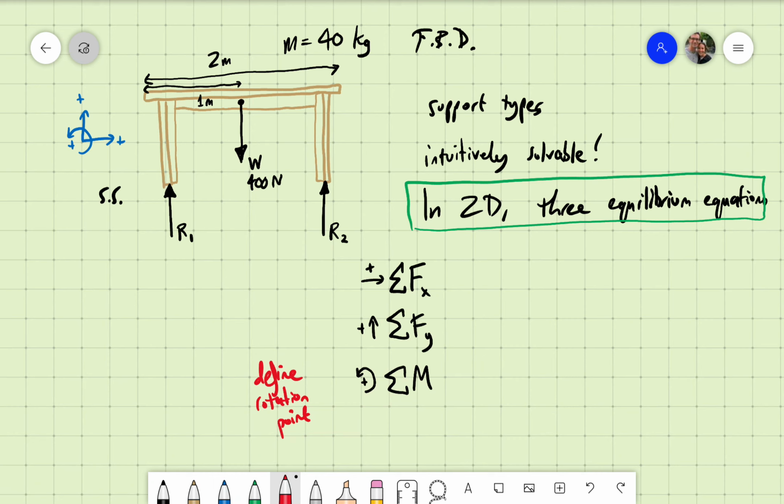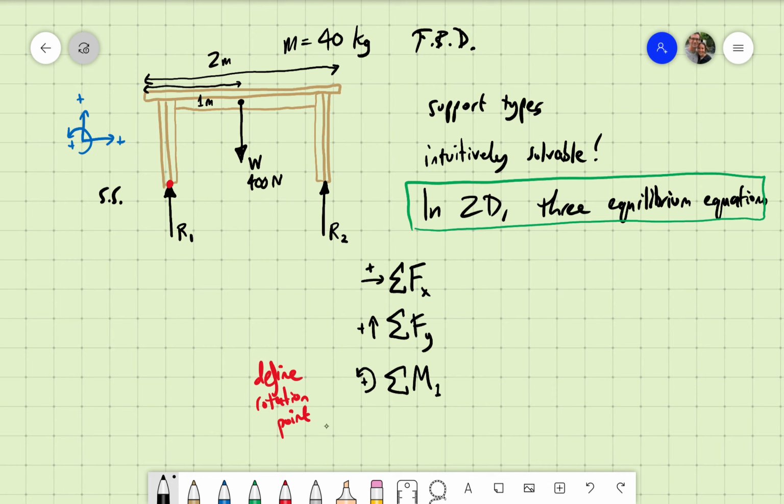So I'm just going to pick this leg right here. Once again, I don't expect the table to rock up on those legs at the left or to rock downwards into the floor or anything like that, but I do have to pick somewhere to measure distances from. Because I called that R1, let's call that location 1.